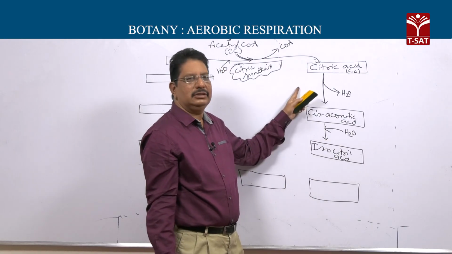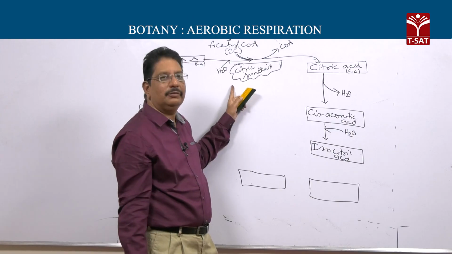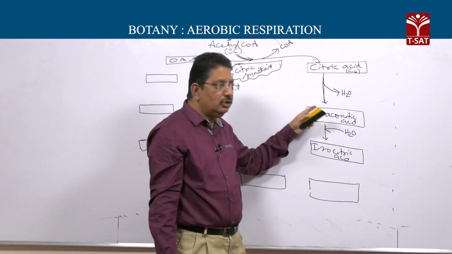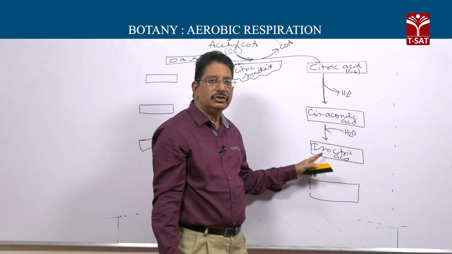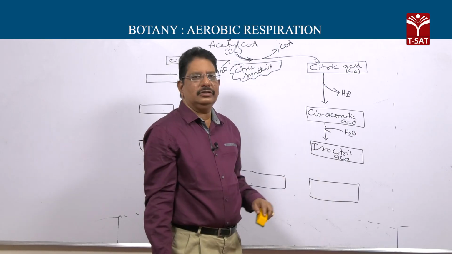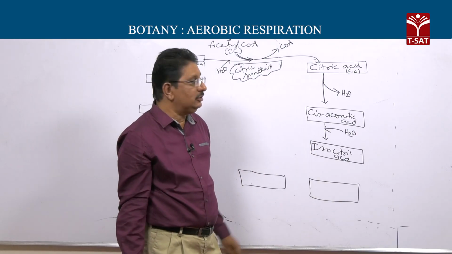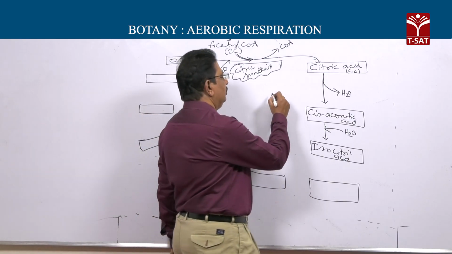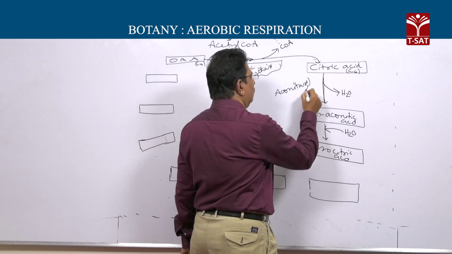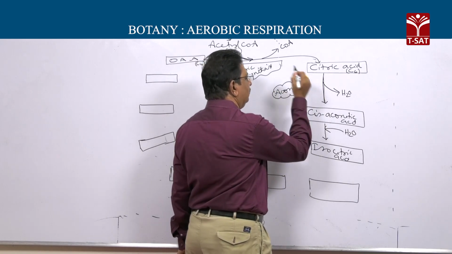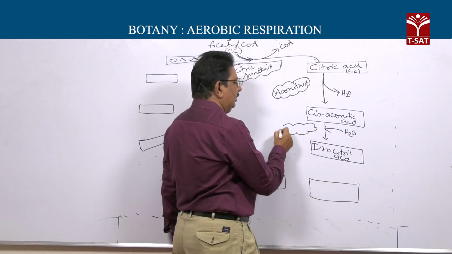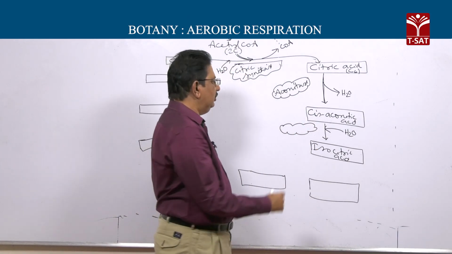Both these reactions occur simultaneously in the presence of the same enzyme, which is called aconitase. So aconitase is the enzyme which catalyzes the conversion of citric acid into isocitric acid.